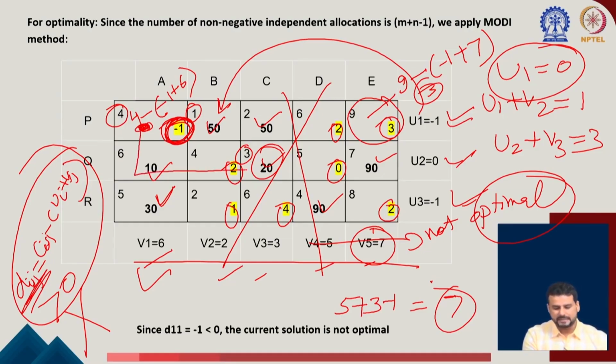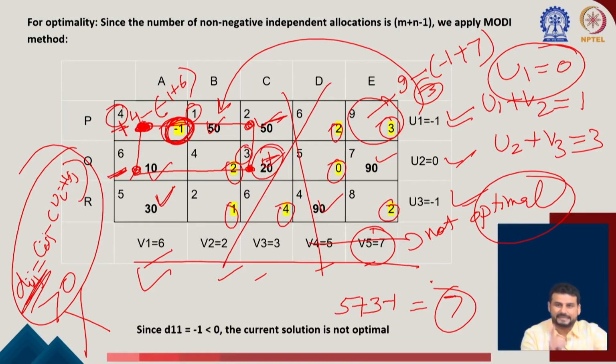Again we will draw the closed loop and we will take a turn only at the points where you have already allocated units. So this is the only possible path we can go and reach back to the same cell, right? Now from where we started we will assign positive and alternatively we will assign the signs, that means positive, negative, positive, negative. Okay. So again, how do we draw this closed loop?